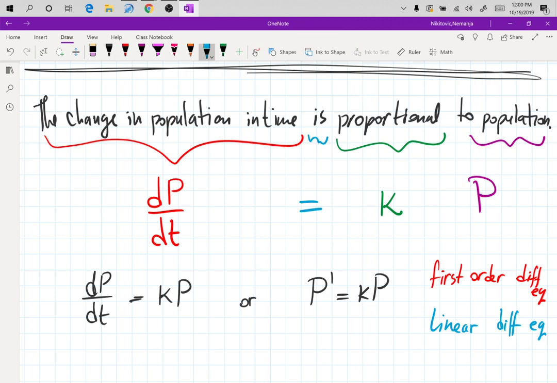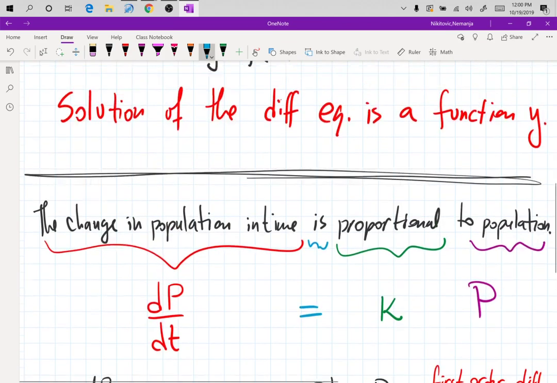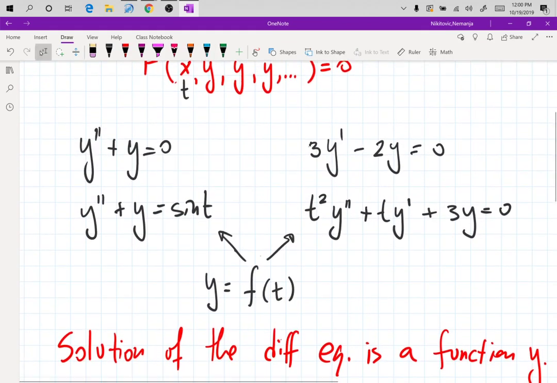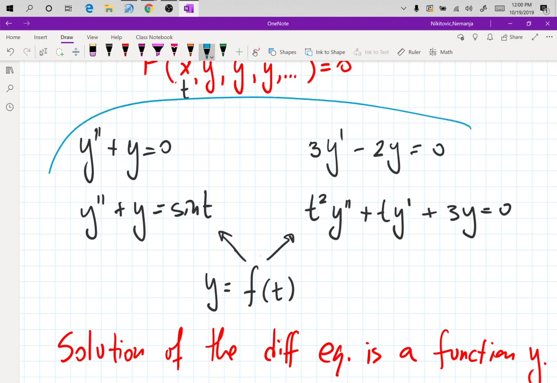Linear differential equation means that the derivatives are not squared or cubed or anything like that, that there is no multiplication between independent variables and the derivative terms, and so on. So if I am to go here on the list of examples that I gave, the 3 equations are linear equations. So these are linear equations right here.